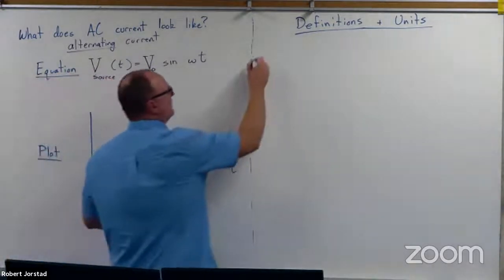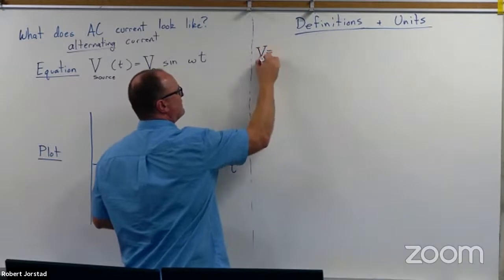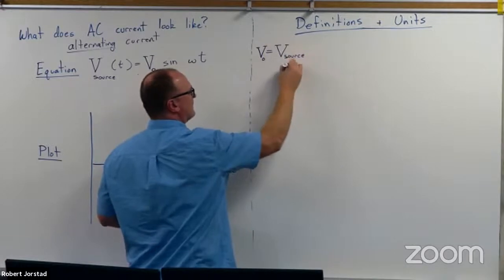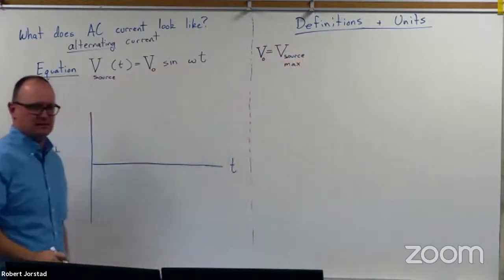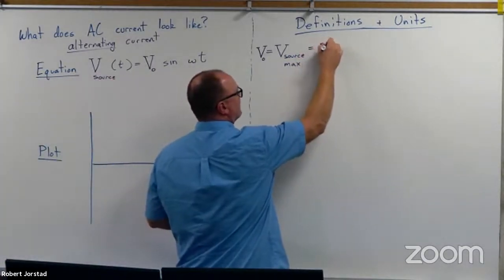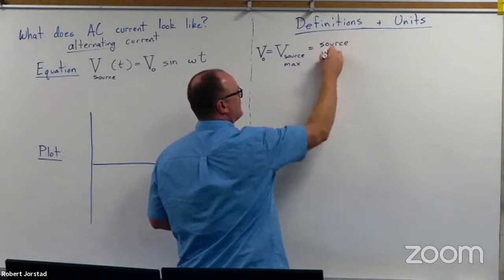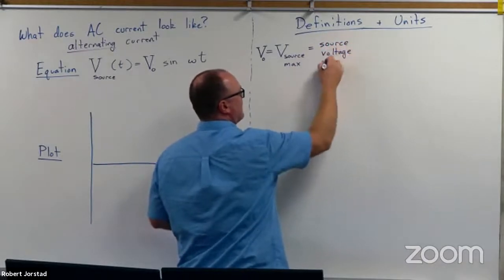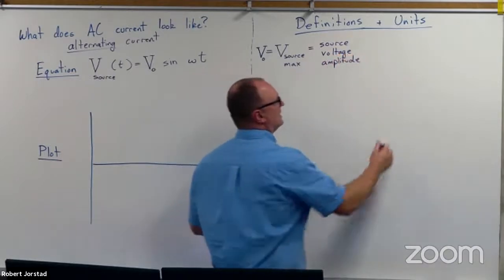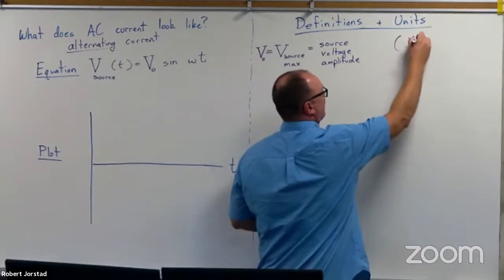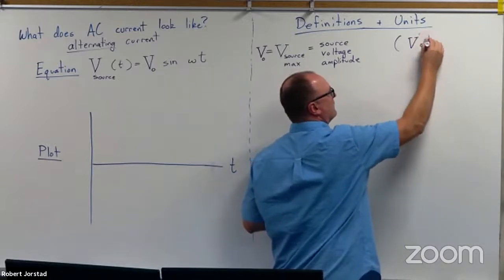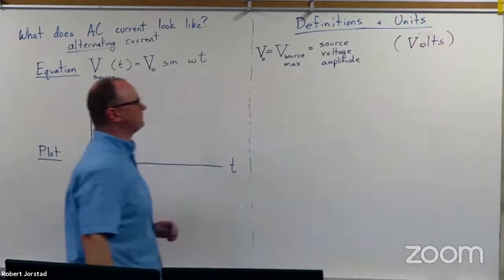So to be clear, sometimes you'll see me write V source max, sometimes I'll write source voltage amplitude, and the units are volts. In this case, just for clarity, I'll write out the word volts. That's the units.